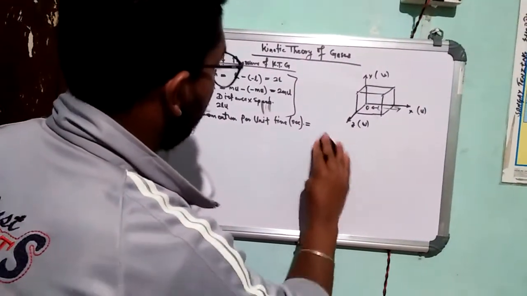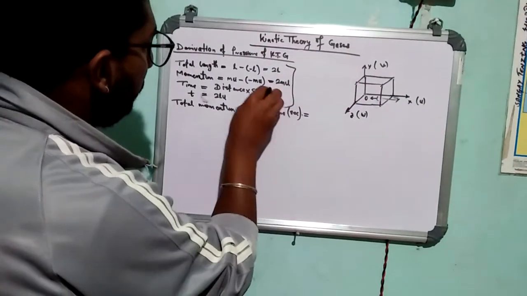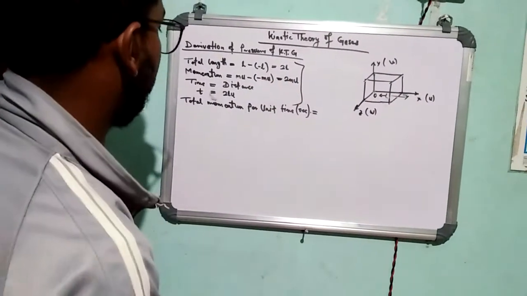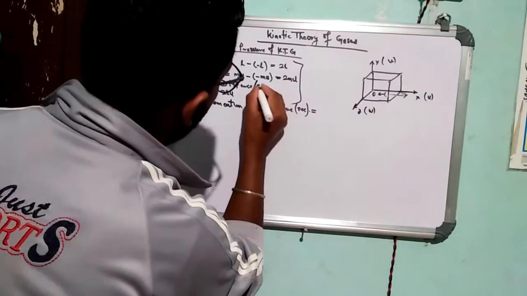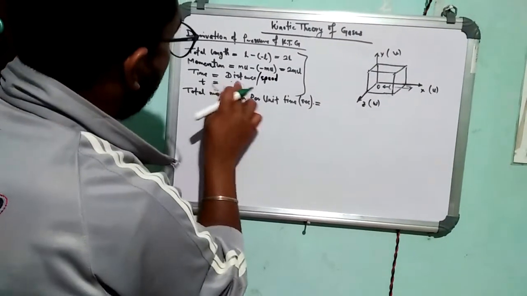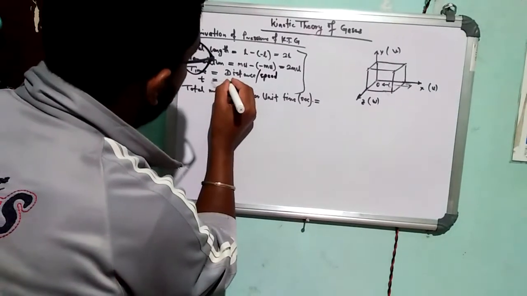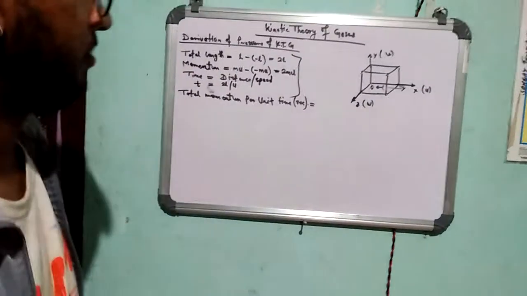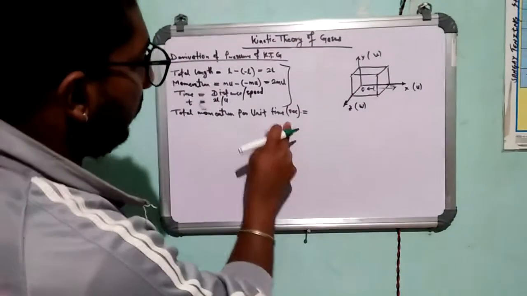Here it is distance by speed. So distance is 2L, then speed u, 2L by u. So what is total momentum per unit time?